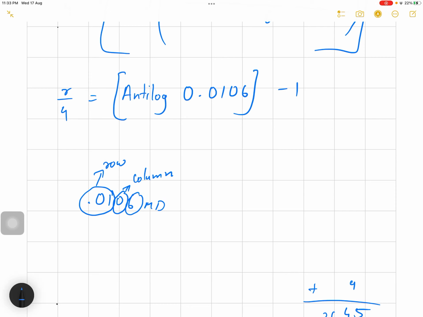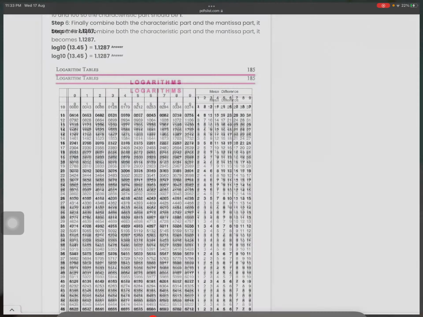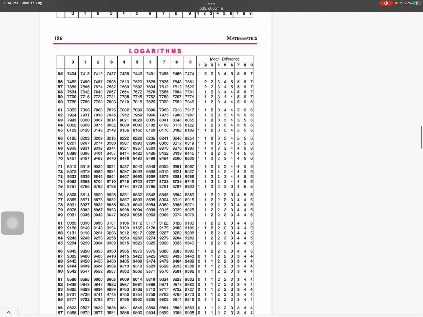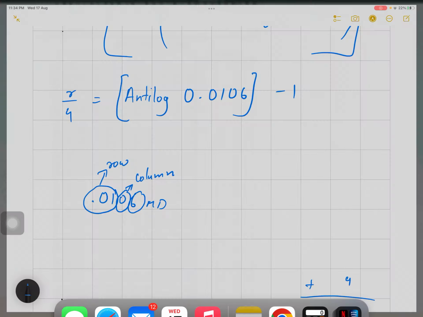So 0.01 for anti-log table. Let's go to the anti-log table. 0.01, column 0 is 1023, and mean difference 6 is 1.